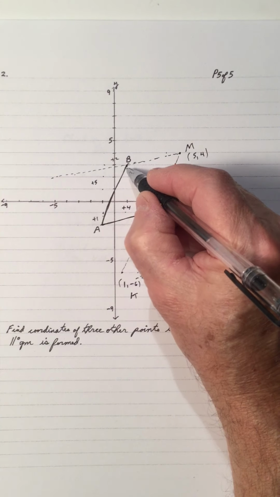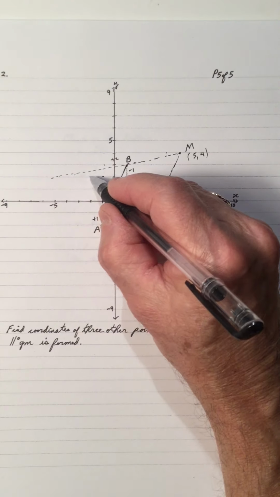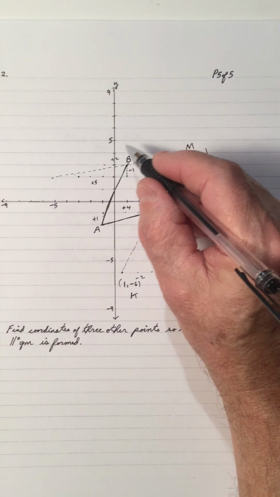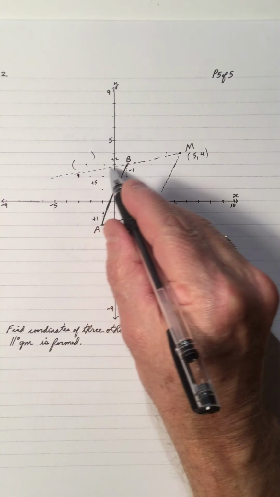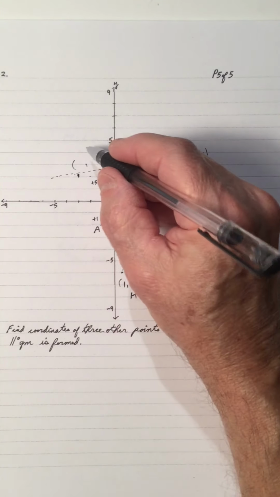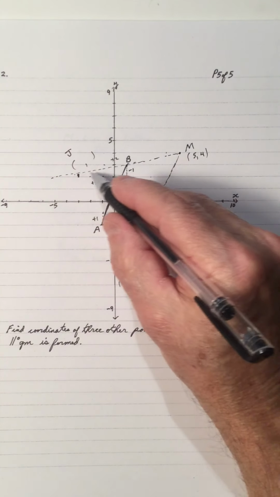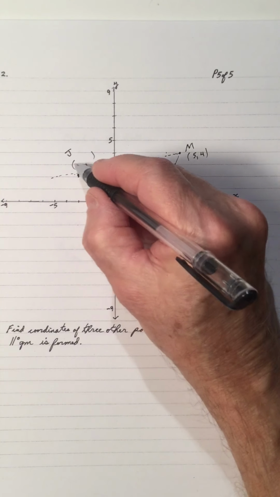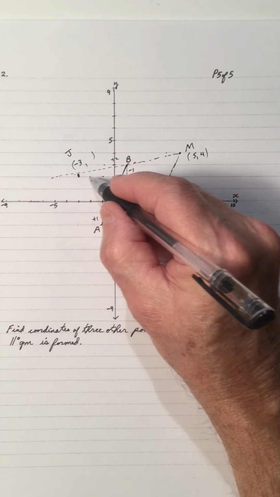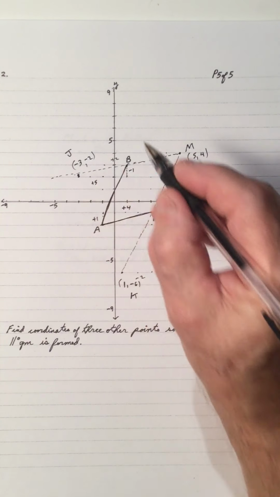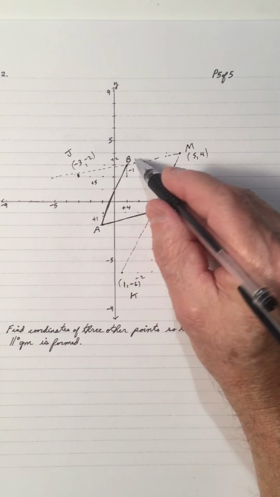So if I go down 1 and left 4, 1, 2, 3, 4, then I have this point, and this line is the same as this one. So let's call this J. And so this point is 1, 2, 3, negative. And this point right here, the coordinate is negative 2. So that means J, A, P, B is a parallelogram.